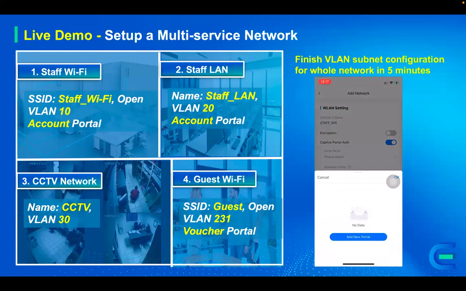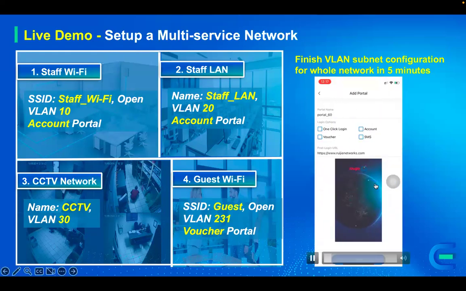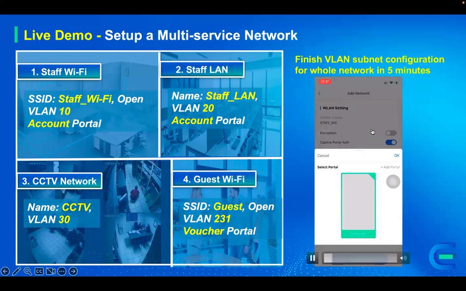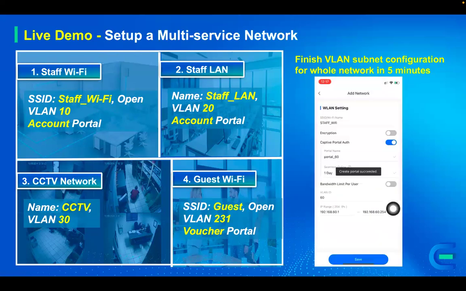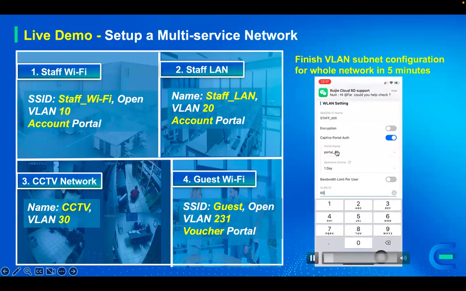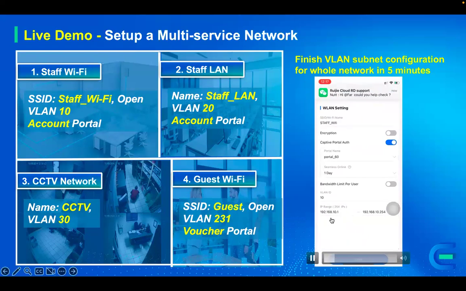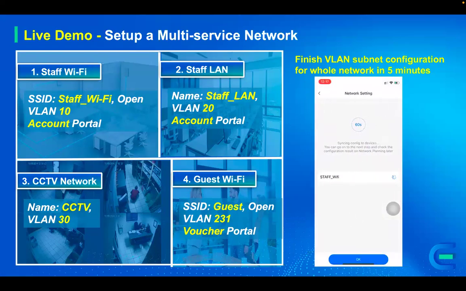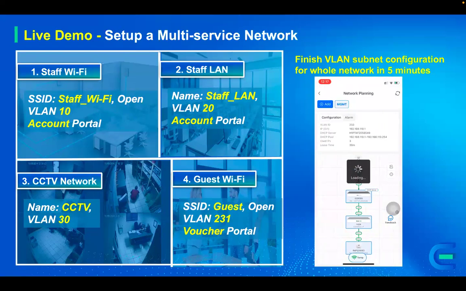Here we are authenticating users through the captive portal, and that is through the accounts. So we added that portal. After entering VLAN 10, the subnet will change automatically. You can see the subnet will change here and the IP range will change here. So the staff network will be configured here.